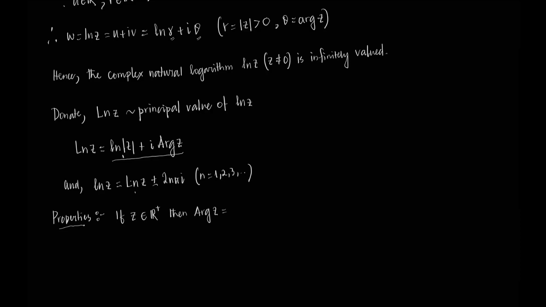If it is positive, anywhere here, the principal argument in this case is 0, right? And then the principal log, or the complex log, of z is in this case nothing but log of mod z. So essentially, the principal log is exactly the logarithm which we know. You understand?